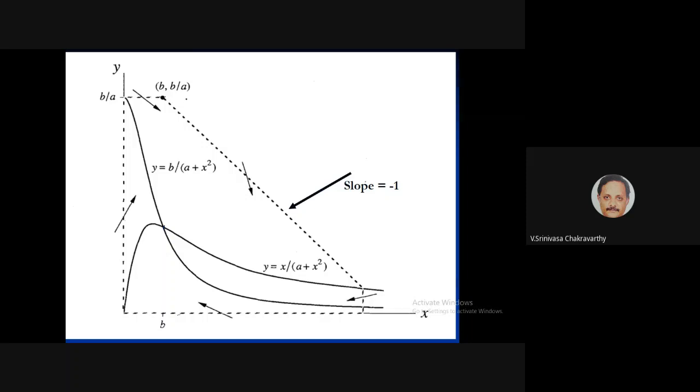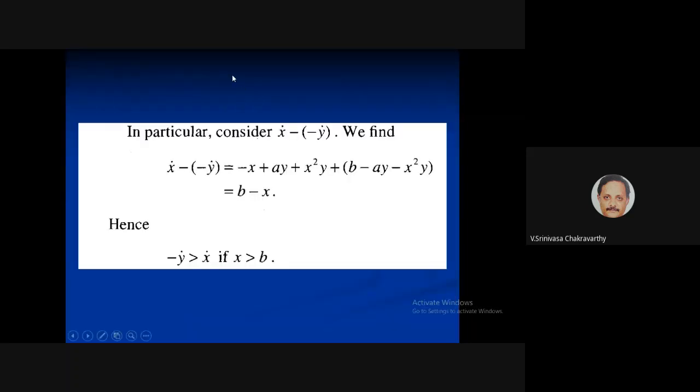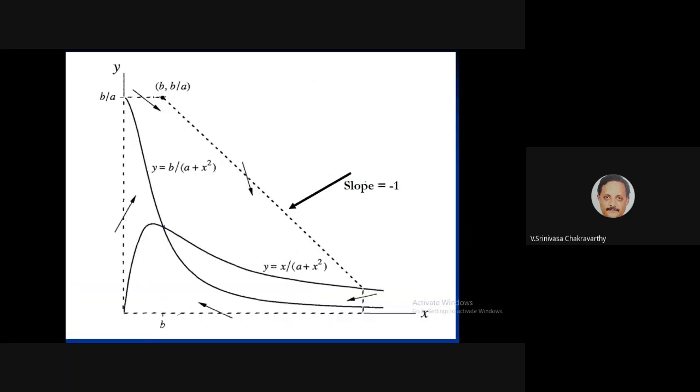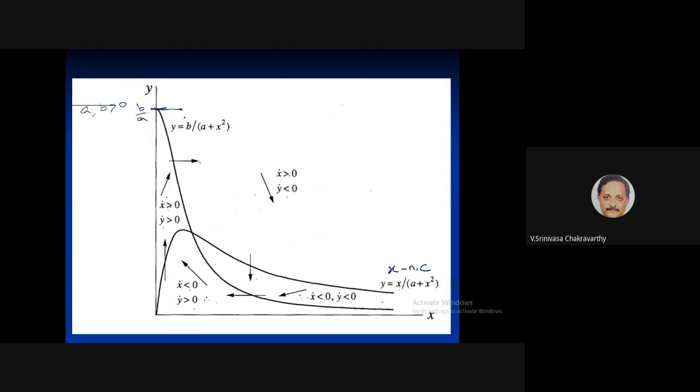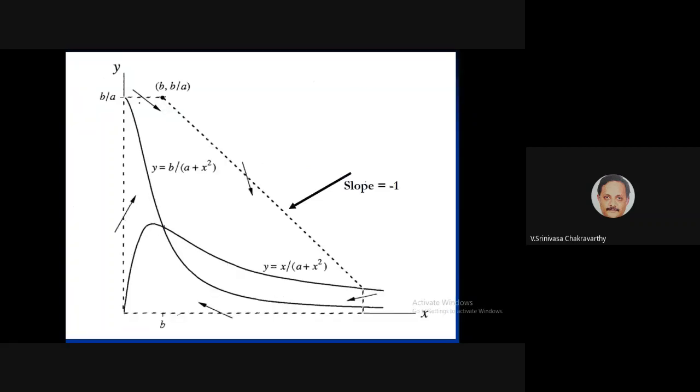So you can easily show that up to this point, the flow is downwards or inwards, because we have seen that in this entire region, flow is downwards and rightwards. Therefore, in this small stretch also, flow is downwards, which means it is inwards.